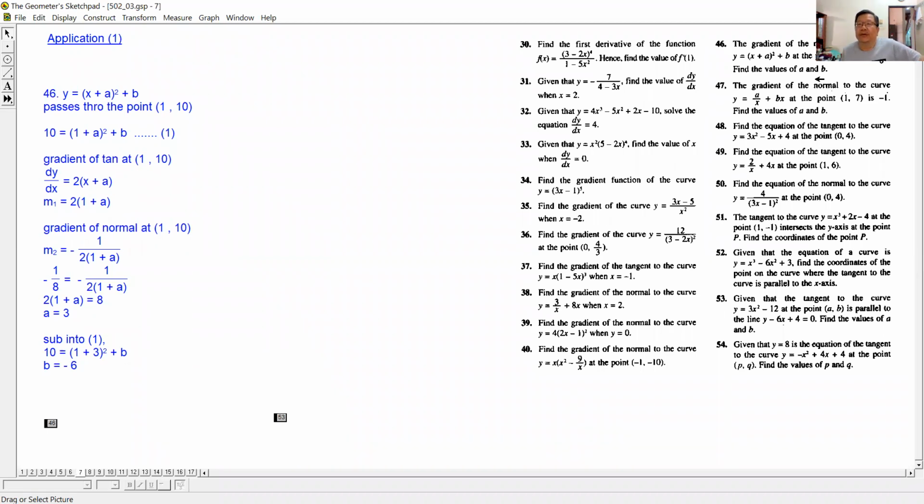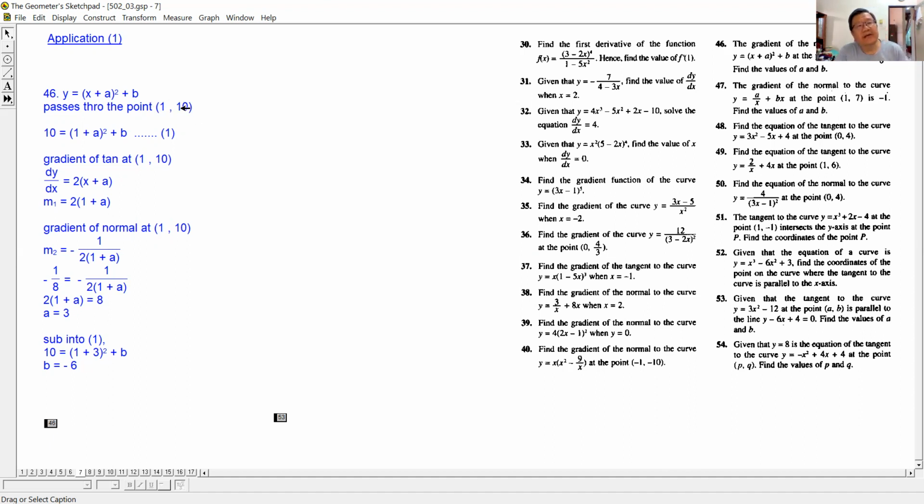Okay, so let me go through on this side. So you look at question 46, the curve y equals (x plus a) squared plus b passes through the point (1, 10). Yeah, correct, it's (1, 10).